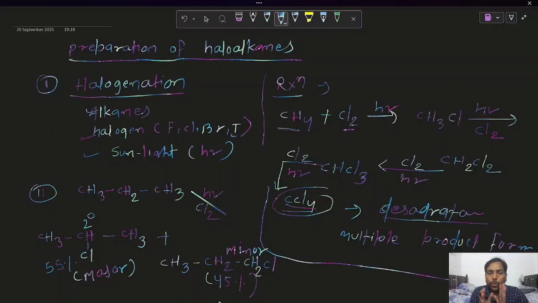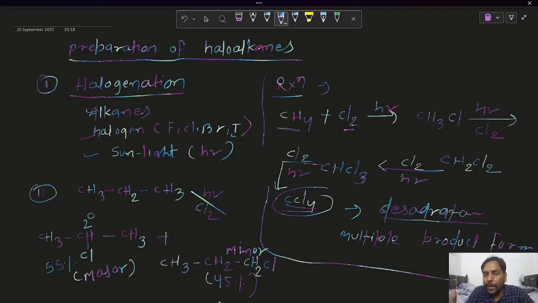What I'm telling you is that halogenation is a process by which we can get haloalkanes, of course, but multiple compounds are also formed, right? Suppose you have to prepare methyl chloride. So what will happen?